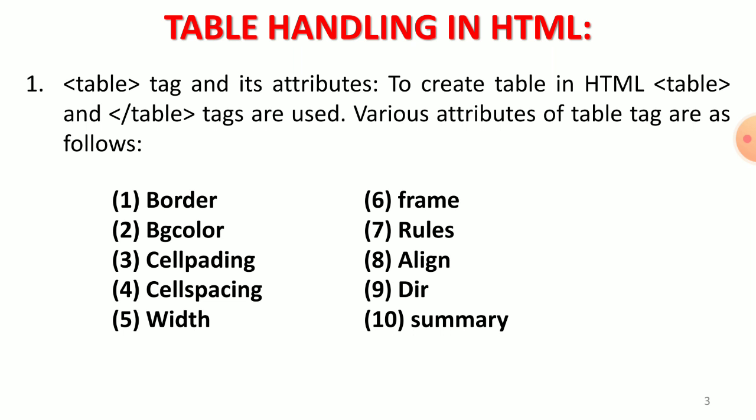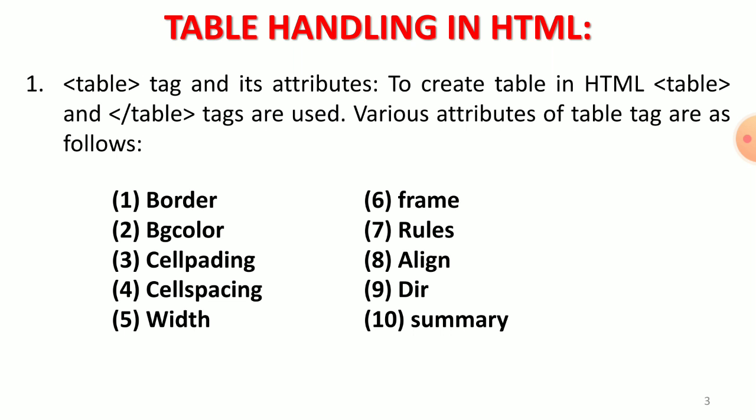And fourth is cellspacing. This attribute is used to create a space between the cells of the table. The value of space can be specified either in pixels or as a percentage. Cellpadding and cellspacing are different. Cellpadding creates a space between the edges of the cells and their contents, and cellspacing creates a space between the cells of the table.